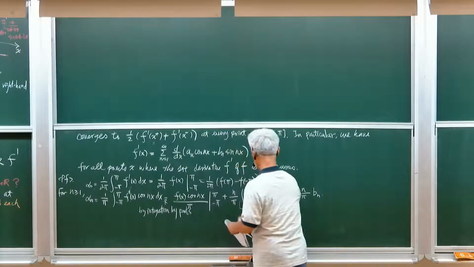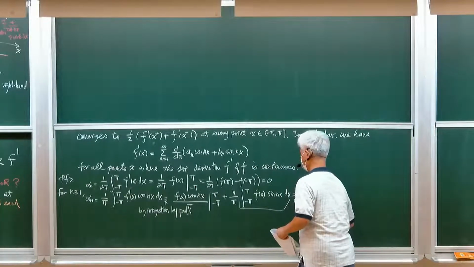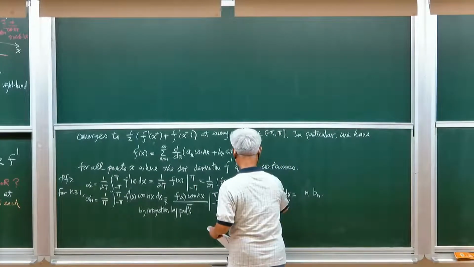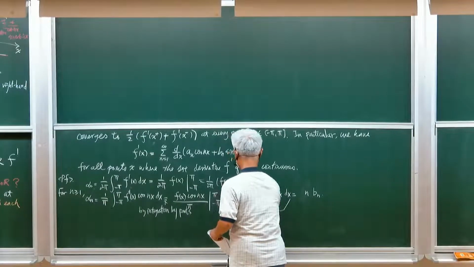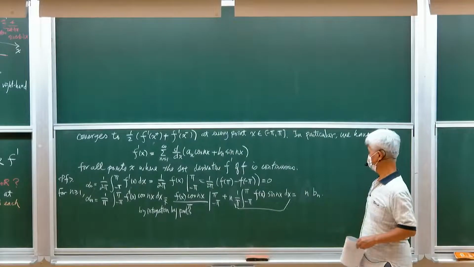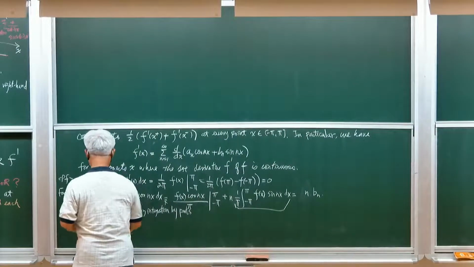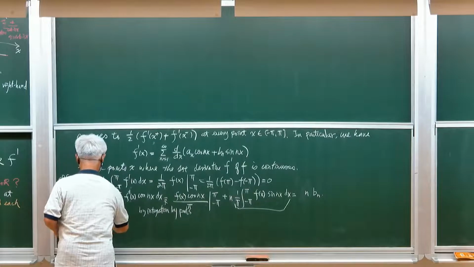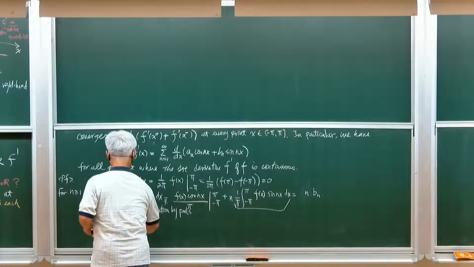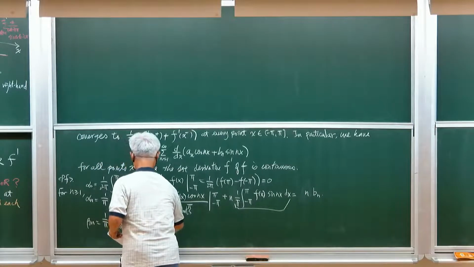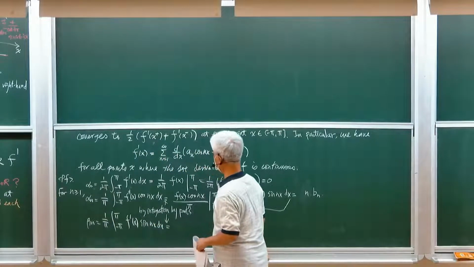Oh, I'm sorry, pi. Yeah, so it didn't have. Thank you. So it's n bn. And beta n, 1 over pi, the integral of f prime of x sine nx dx equal to, so apply integration by parts again.